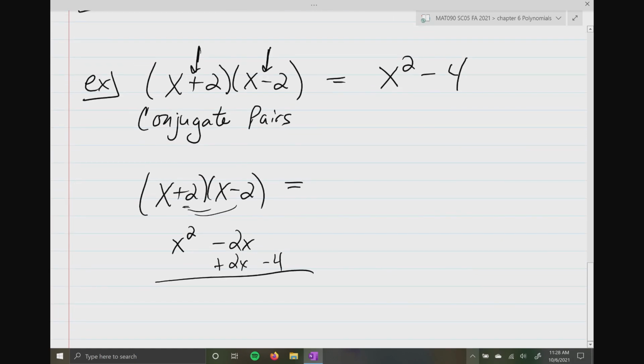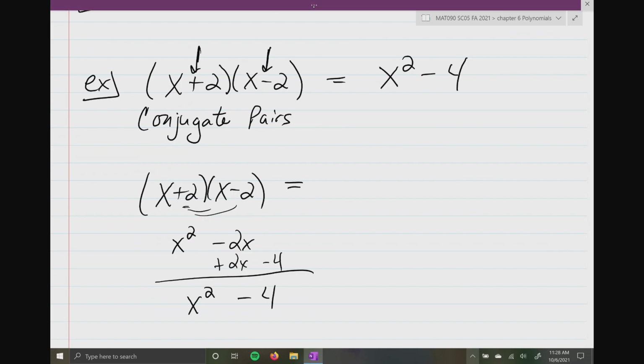Every single time you multiply conjugate pairs, the middle terms always cancel themselves out. Always. So the key is just to be able to recognize that you have conjugate pairs. And if you can do that, life is easy.